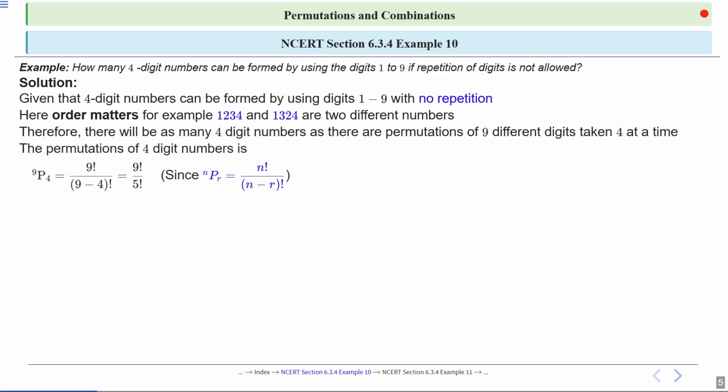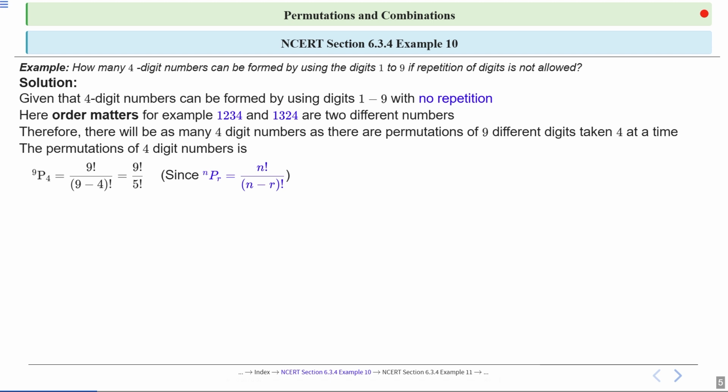Now the formula for permutations is nPr, which is equal to n factorial upon n minus r factorial. So in this case, we have n equal to 9 and r equal to 4. So 9P4 is equal to 9 factorial upon 9 minus 4 factorial.